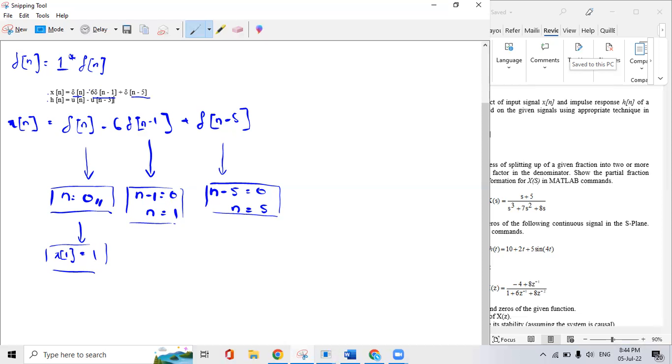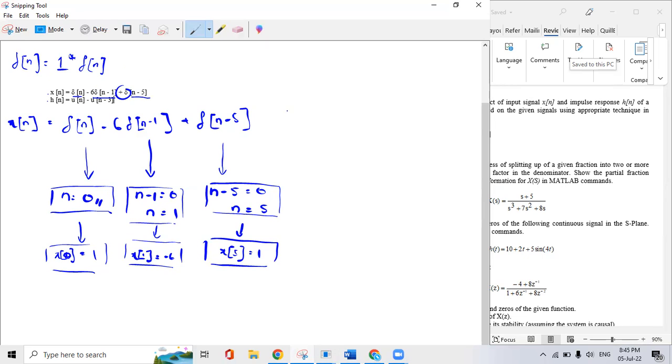It is minus 6 multiplied by delta n minus 1, so x1 will be minus 6. And for x5, we look back and we have positive 1, equal to 1.